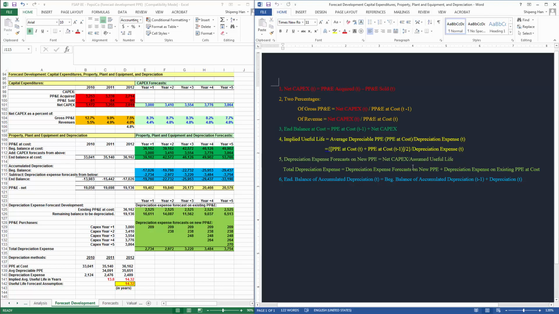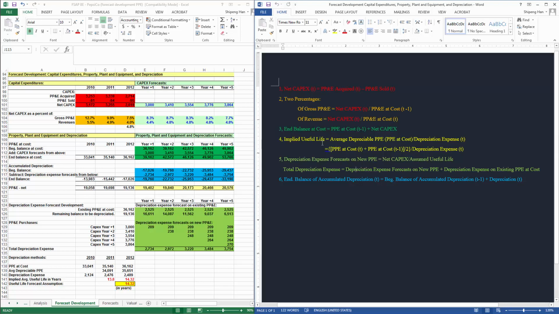The depreciation expense just equals the book value of PPE, subtract the residual value, divided by the number of years or useful lives, right? So we have the book value of the PPE, we don't have the useful life. So before we project the depreciation expense, we first calculate the useful life.